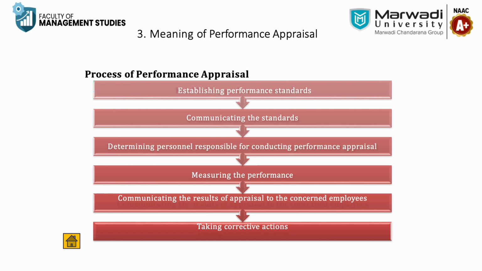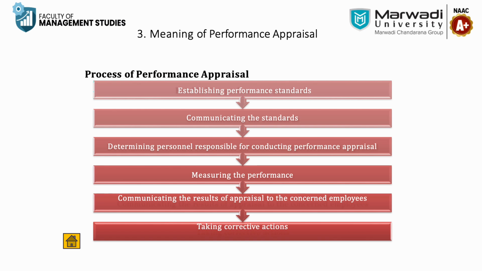The next one, measuring the performance. Then you try and measure the performance. Now it becomes easier because your standards are set, so now you try and measure the performance of the individuals. Now how to measure? There are methods of performance appraisal about how to do it.